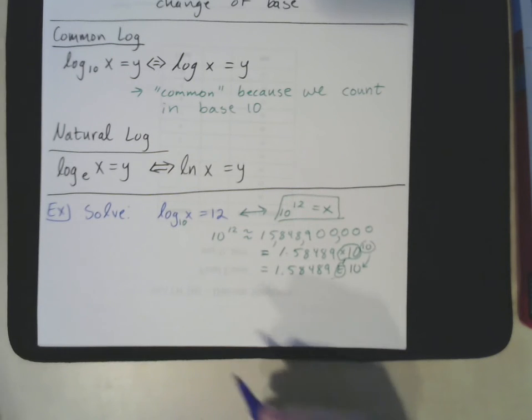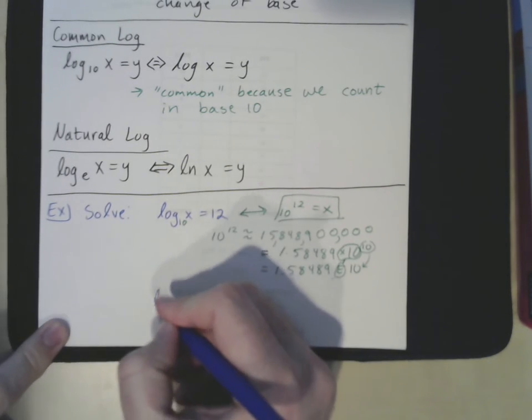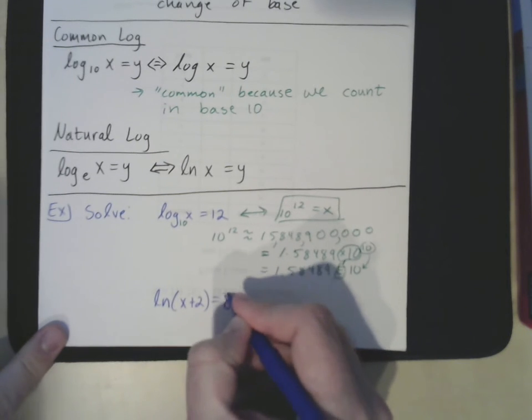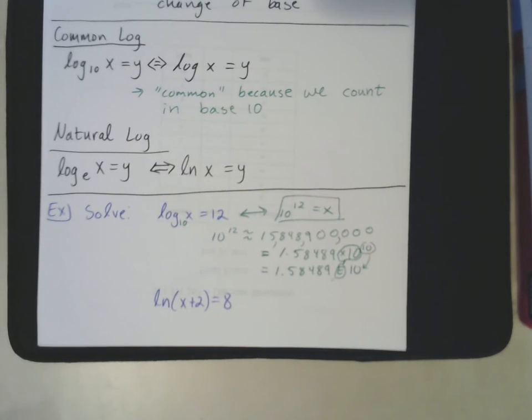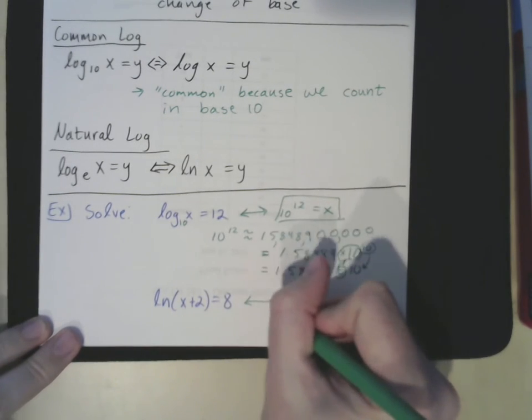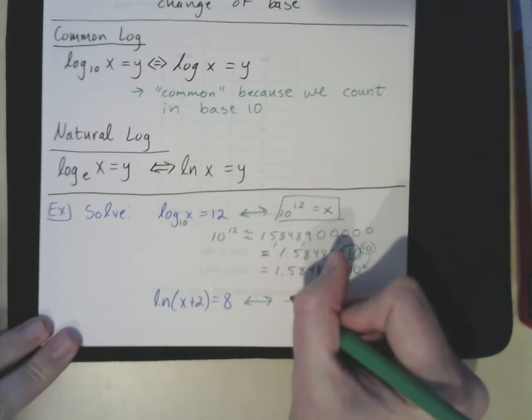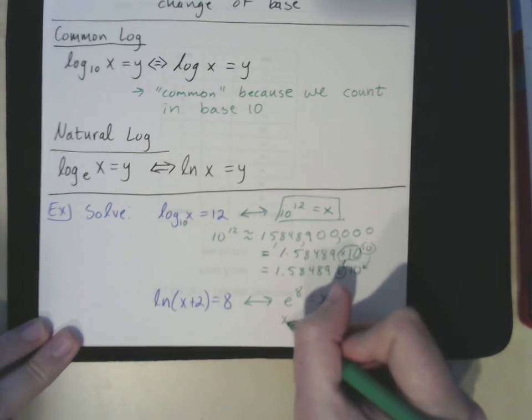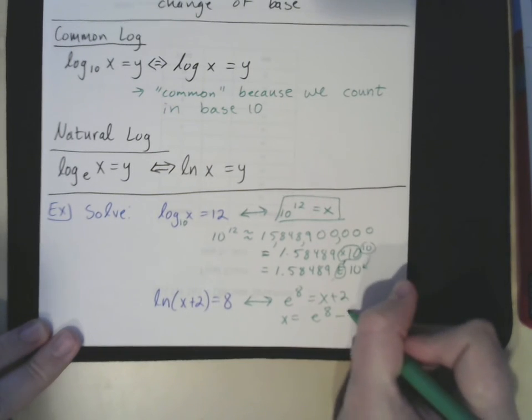And if we do a natural log, ln of x plus 2 equals 8. Again, this means that we have base e. So this means that e to the 8th equals x plus 2. And so x equals e to the 8th minus 2.